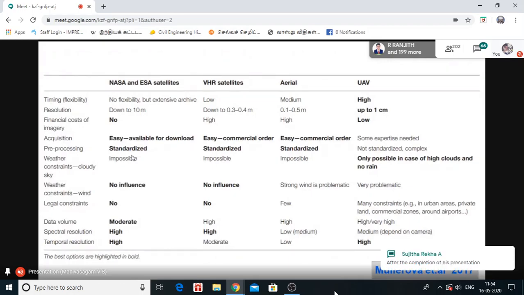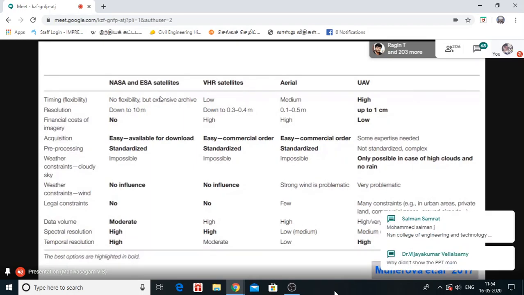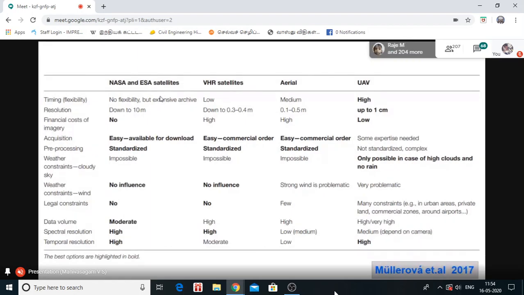If you remember the previous slide, which showed the video of the wheat field, you can see the cloudy images in between. For example, if Sentinel covers the Earth once in 5 days and you get 2 or 3 cloudy images, you have a problem. You are missing the data at the crucial juncture. That's the main drawback of the standard satellites like Sentinel or Landsat.